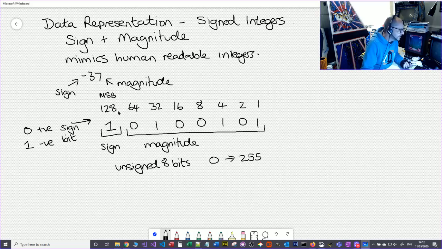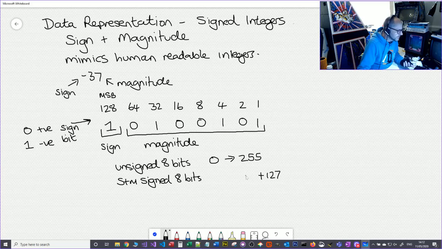And we can calculate that by just saying it's 1 less than the next column, the big column. So in this case, if we've got an 8-bit number, and it's important to say what format this is, so we're going to say S&M signed 8 bits, the biggest value we can have is plus 127.